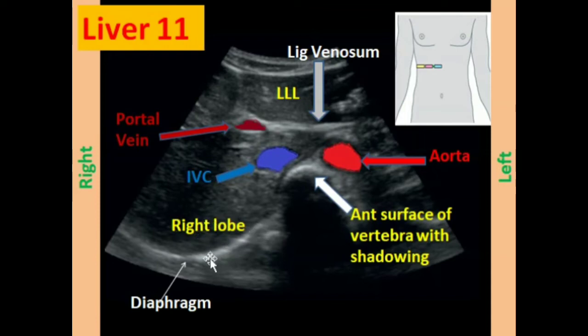And this is the diaphragm, which separates the chest from the abdominal organs. One of the most important hyperechoic linear shadows is called the ligamentum venosum, and this is the most important ligament, which has a good demarcation.